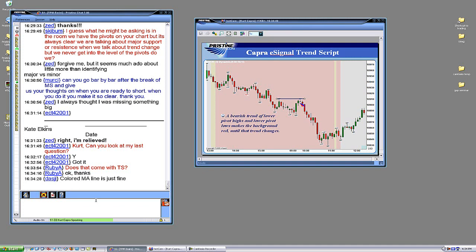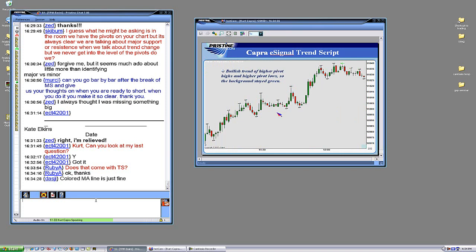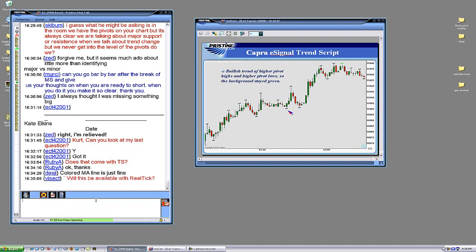We just simply came up into it, and then we rolled over from there. Again, we can see that using this background, it stayed green the whole time. The trend remained higher. We did not break major support at any point on this chart. So again, this just helps to keep you on the right side.